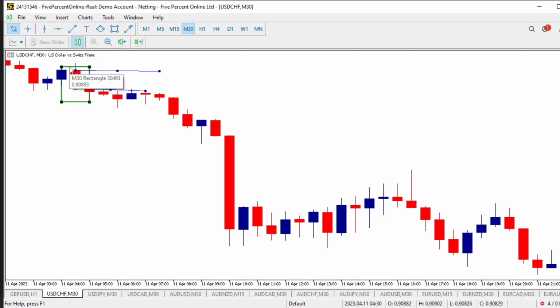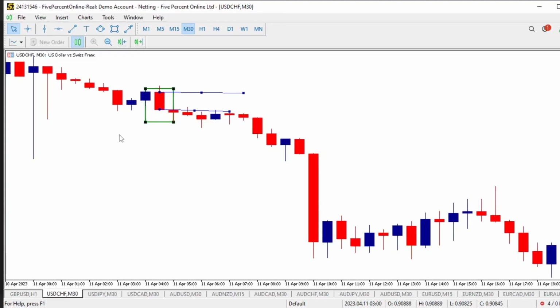I believe you understand the concept. Now, this market closed at this level. You can see where the next candle opened from.